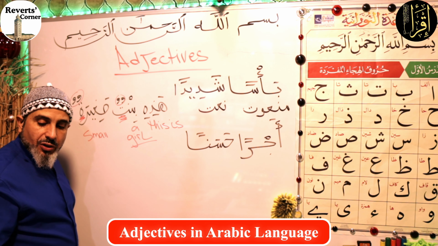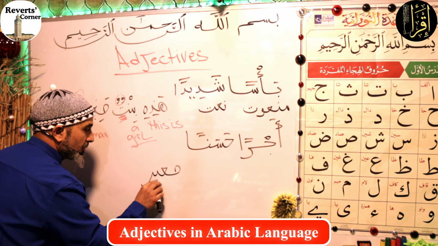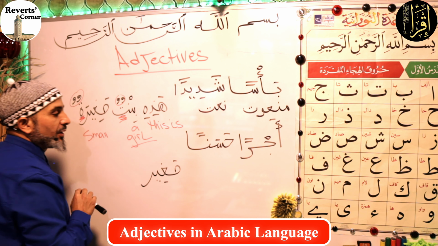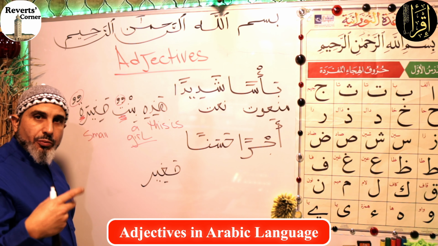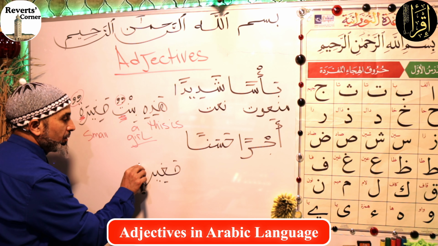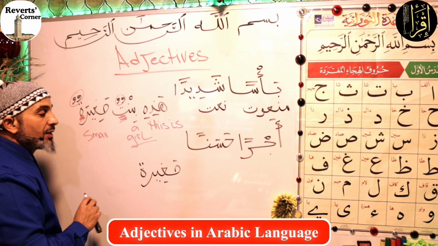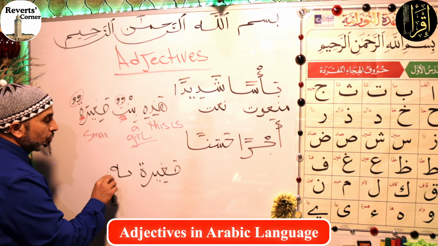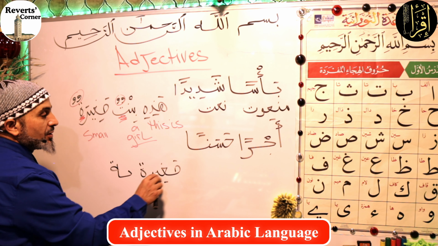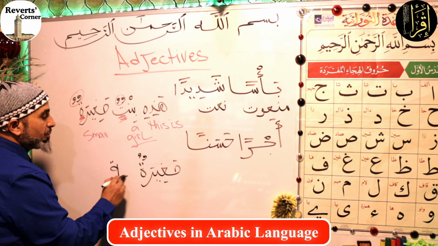Let's take an example of صغير. What do you add to صغير to make it feminine? We add تاء. صغيرة. We add تاء, sometimes تاء مربوطة. So if we say صغيرة, it becomes feminine.